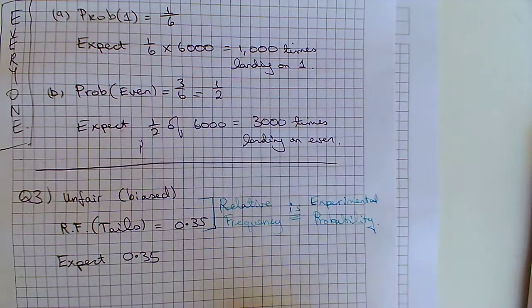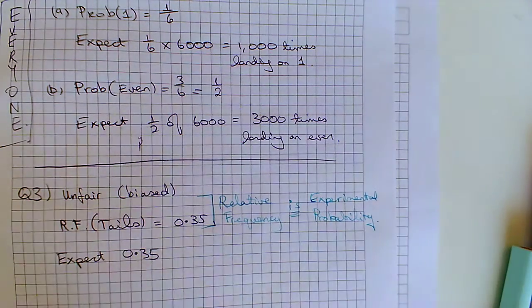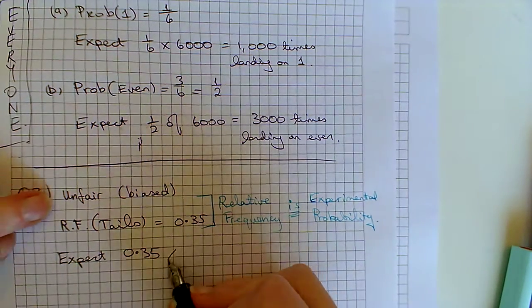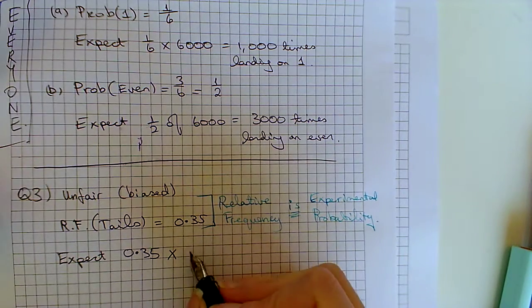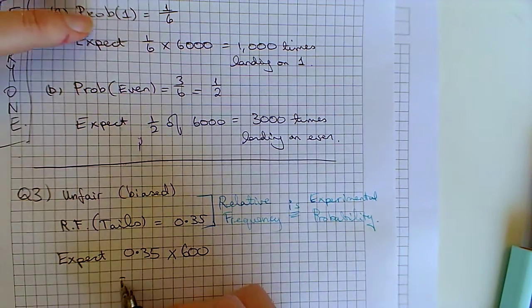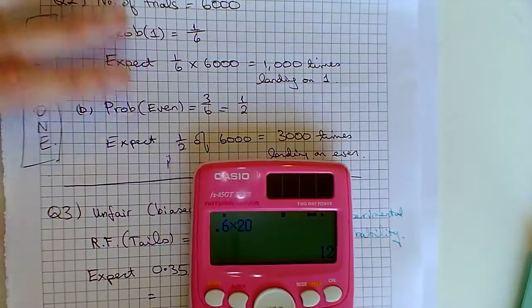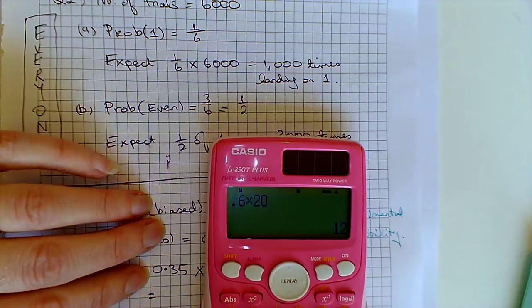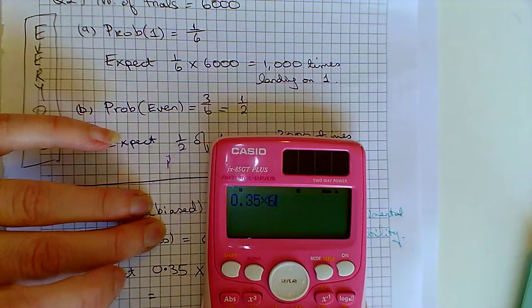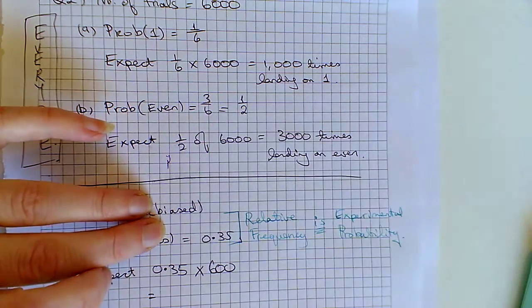Okay, that's really important. So we can use it for expected frequency, and we say we expect 0.35 multiplied by the 600 trials. And use our calculator for that. 0.35 by 600, and we get 210.